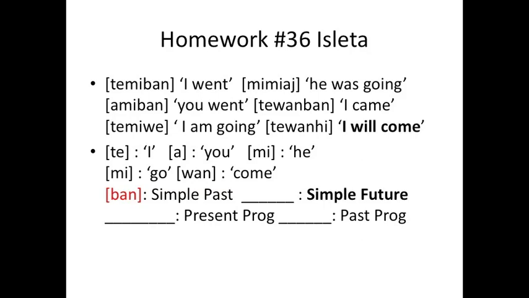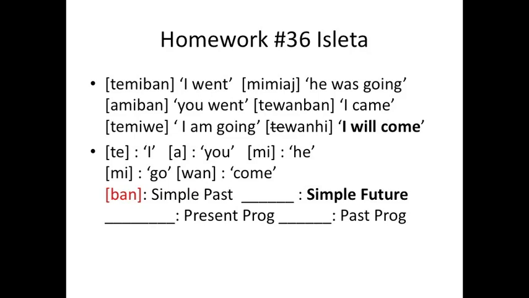And then moving on to the simple future. Now we can look for examples of that in the data set. And so we see I will come is an example. And looks like that's all we have for the simple future. So we look at what we have left in this particular word, because we've already marked up the other morphemes.